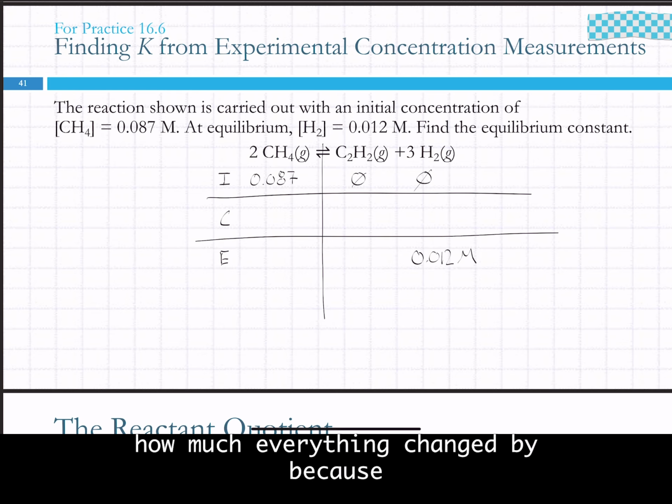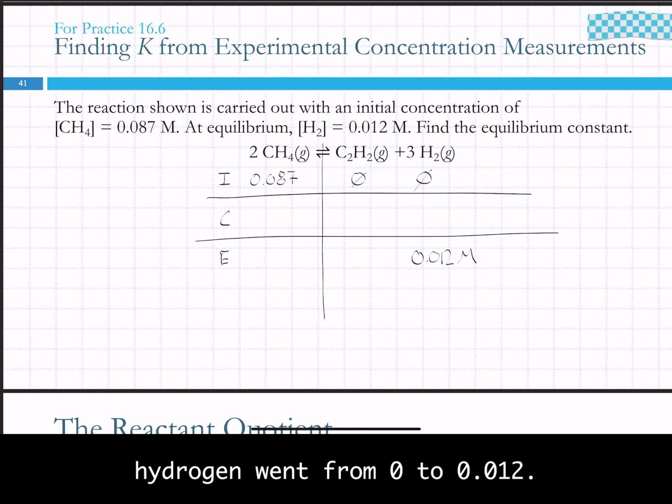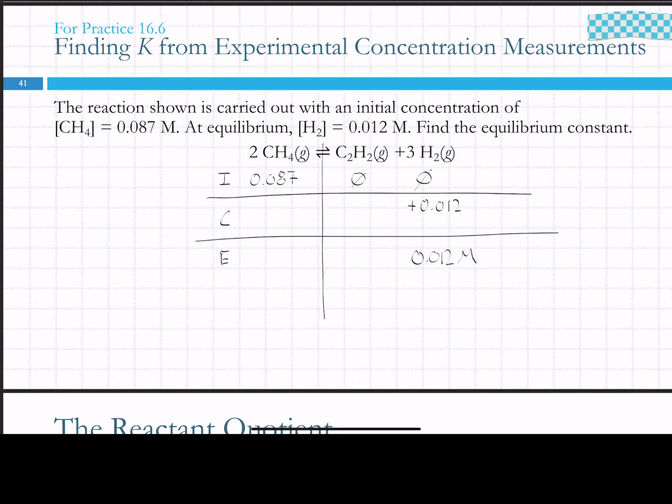But we can figure out how much everything changed by, because hydrogen went from 0 to 0.012. So this increased by 0.012.